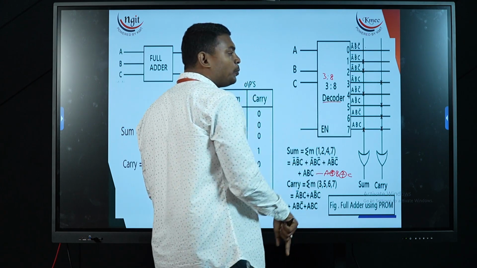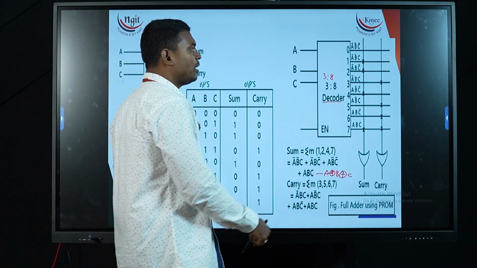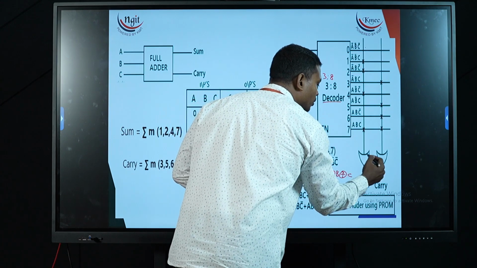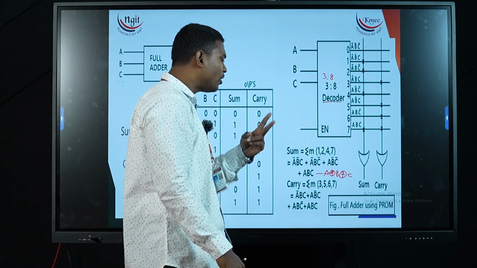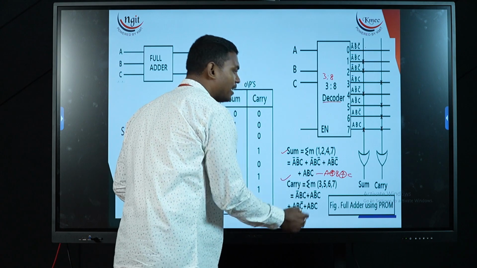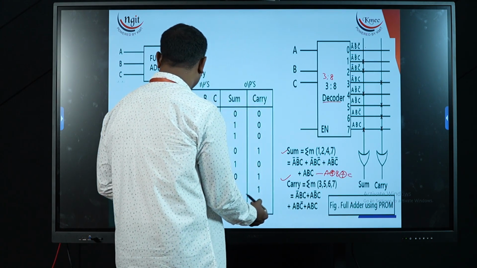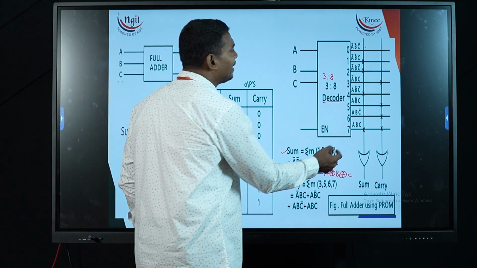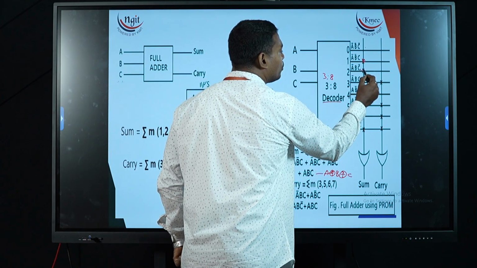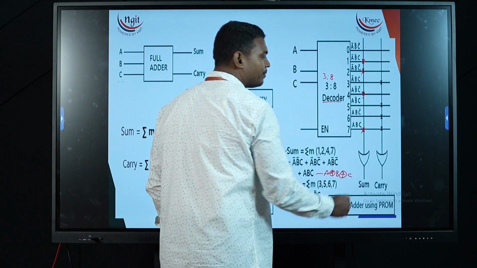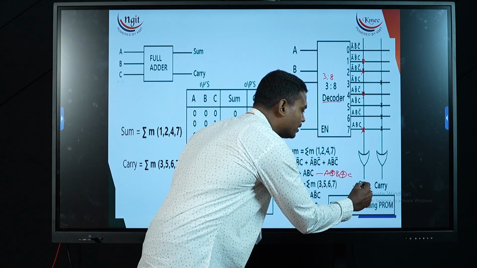Now I need to program only the OR gates, as it is a PROM. So I am drawing 2 lines with 2 OR gates, because I have 2 outputs, sum as well as carry. For sum the values are 1, 2, 4, 7, so I am marking 1, 2, 4 and 7, and I got my sum as output.